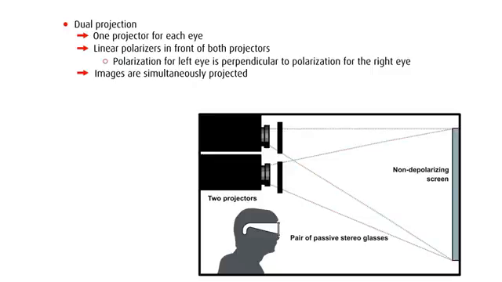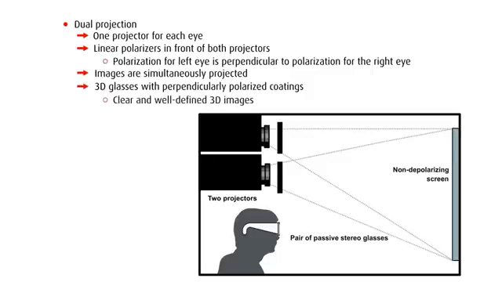But since the spectators are also wearing passive 3D glasses with perpendicularly polarized coatings, they see clear and well-defined 3D images. Also here, the light is reflected by a screen that's coded to retain the polarization. Since this setup uses two projectors, the images can be projected at normal speed.